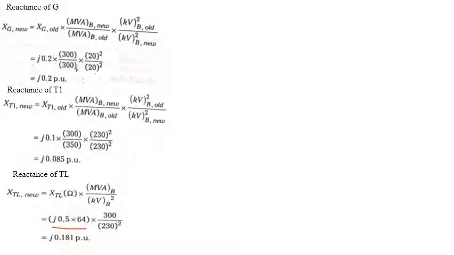This is how we need to solve. MVA is 300, and the voltage on the transmission line HV side is 230. The square of this value gives 0.181.